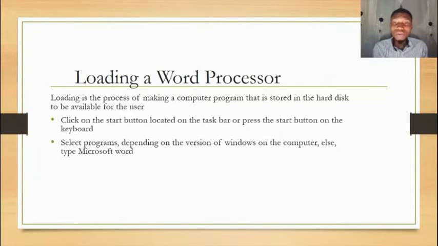So you press the Windows key, then on the options you select program, depending on the version of Windows on the computer you're using, else you type Microsoft Word. If you're making use of a more recent version of Windows like Windows 10, when you press the start button on the taskbar or on the keyboard, the menu that comes up does not give you an option where you click to get a list of programs.